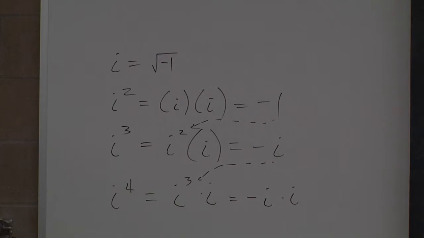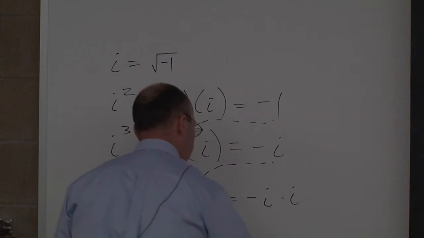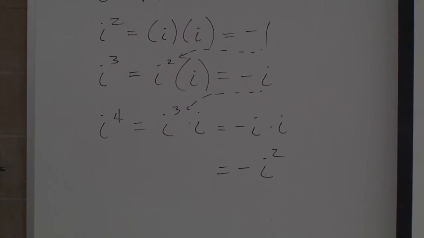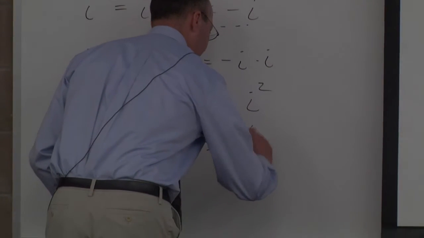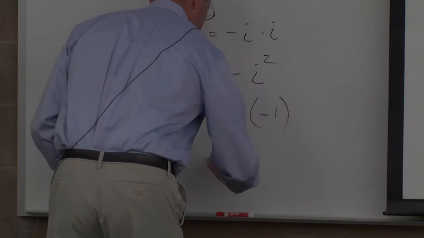The interesting aspect here is that we got rid of two of the i's, but we still have two of them. So let me go ahead and rewrite this as -i squared. i squared is -1, so this is -(-1), and -(-1) is 1.